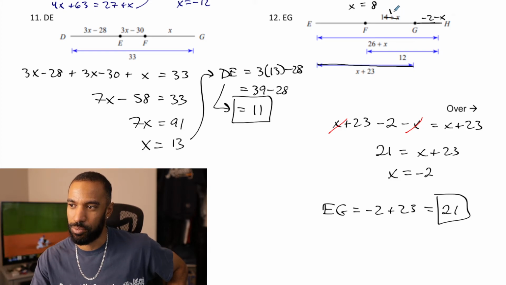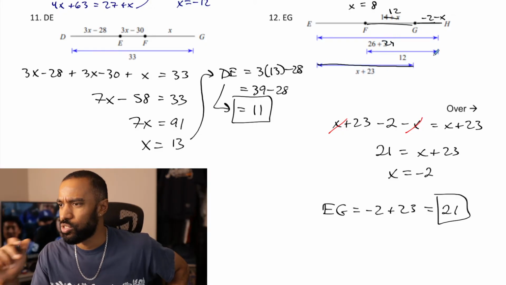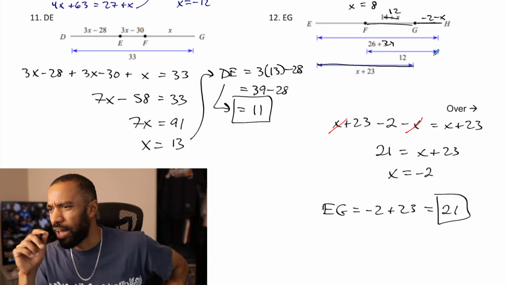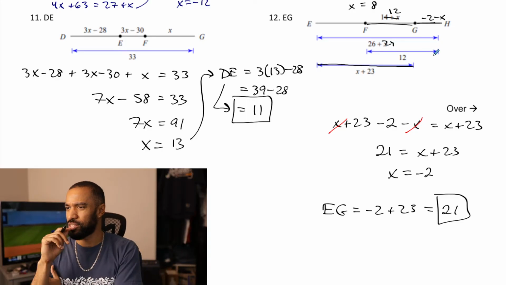14 plus x here would be 12. Yeah, this is 12 and that's 12. The whole thing's 24 here versus 21, but that's 0. I don't know if I did that right then. Negative 2 minus x plus 23. Sometimes the way that they write things doesn't work best either.